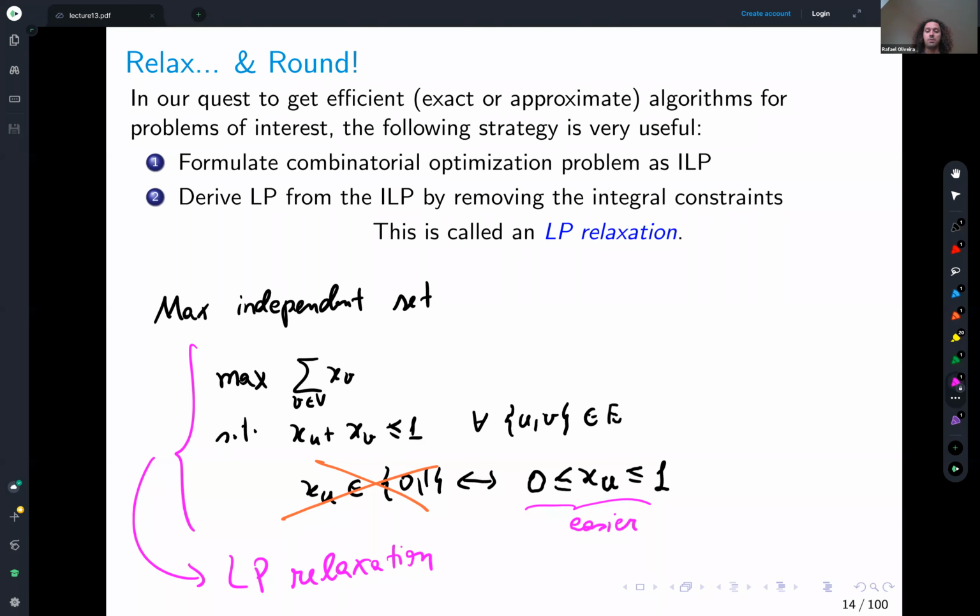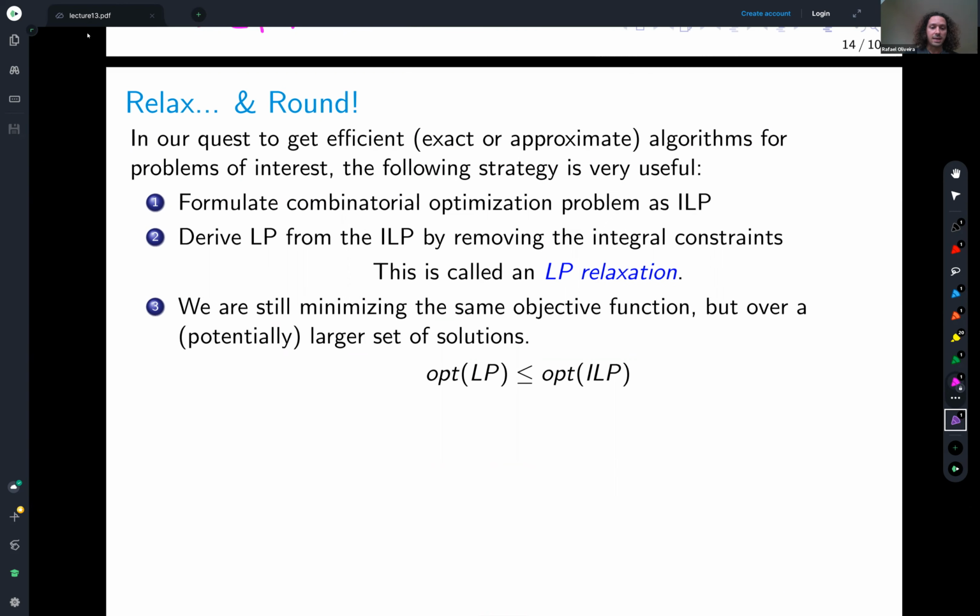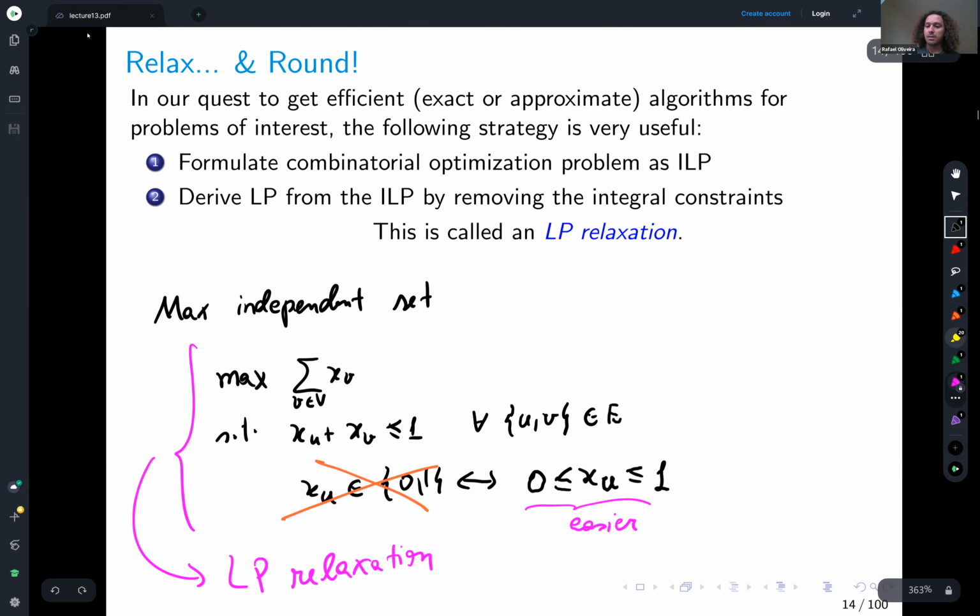Now we have the LP relaxation. But if you notice, we're still optimizing the same objective function. We didn't change it, but now we have a potentially larger set of solutions, because the set 0 less than or equal to x_u less than or equal to 1 contains the set of only integral solutions.